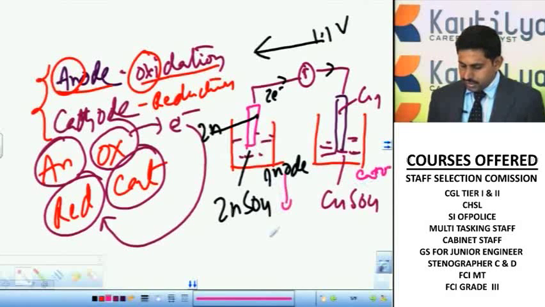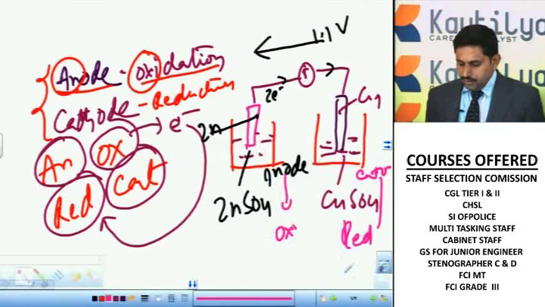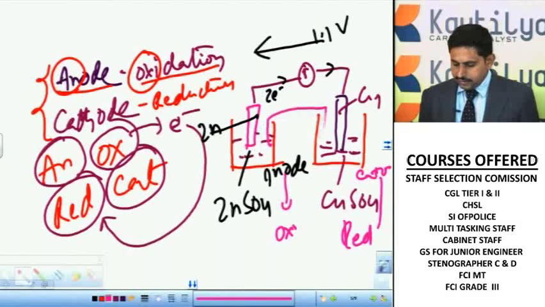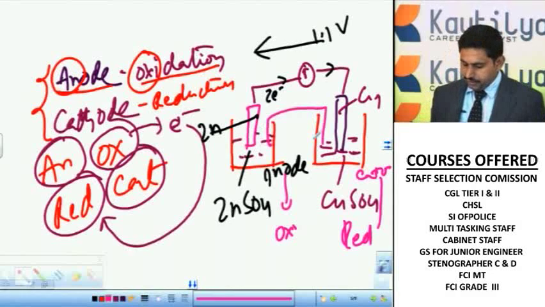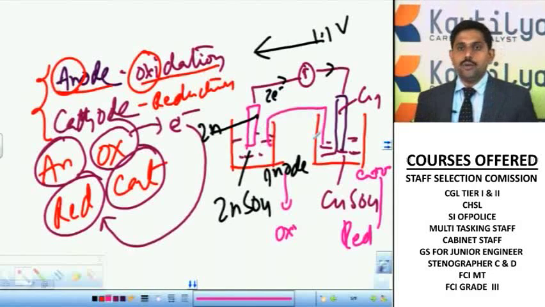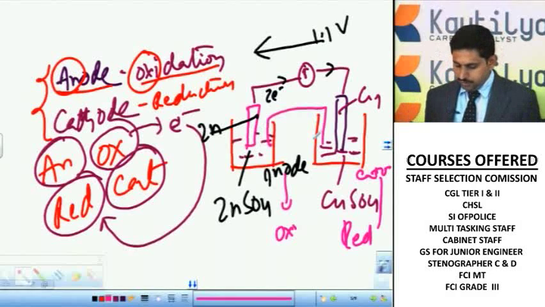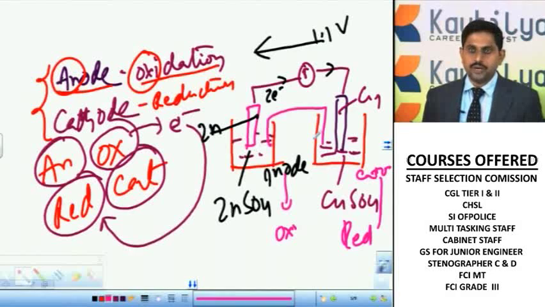At the anode oxidation occurs, and here reduction occurs. So the electrons are moving and it will conduct electricity. In order to maintain neutrality, it is connected with a salt bridge, which is an inert medium. Okay, that is something about electrochemical cells, and it produces a potential difference. Already I told you how it produces the electrode potential, right?